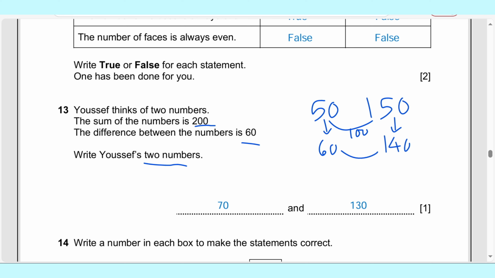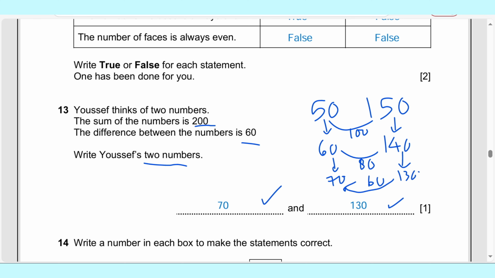Now the difference becomes 140 minus 60, it will become 80, and then we increase again, 70 and 130. Now we get 130 minus 70 is 60, so that's what we want.